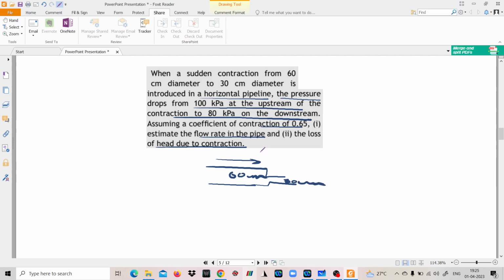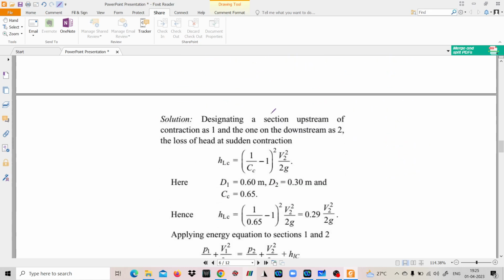The pressure, as this is introduced, drops from 100 kilopascal to 80 kilopascal on the downstream, and coefficient of contraction is 0.65. You have to estimate the flow rate and loss of head due to contraction. Now if you designate a section upstream of the contraction as 1 and downstream of the contraction as 2, the loss of head at the contraction is given by HLC equals (1/Cc minus 1) whole square times V2 square by twice g.